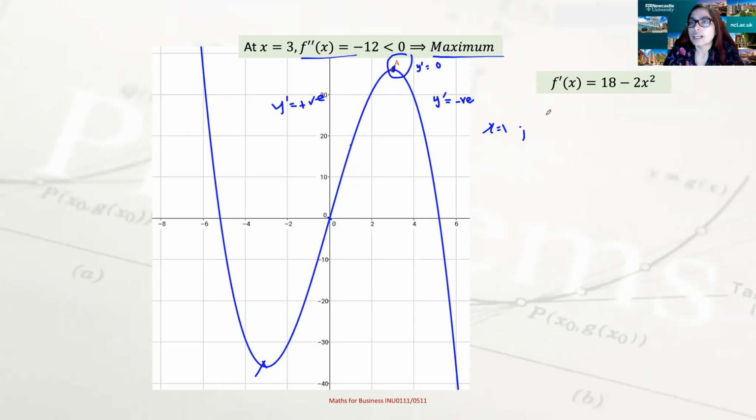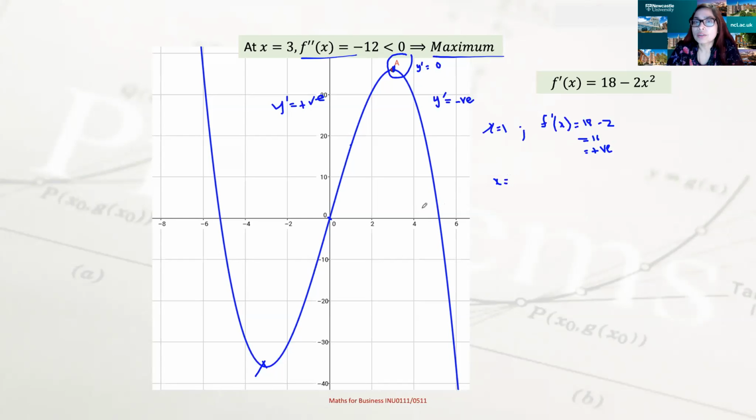So then f prime x will become 18 minus 2 is equal to positive. That means any point you take on this side, the first derivative is going to be positive.